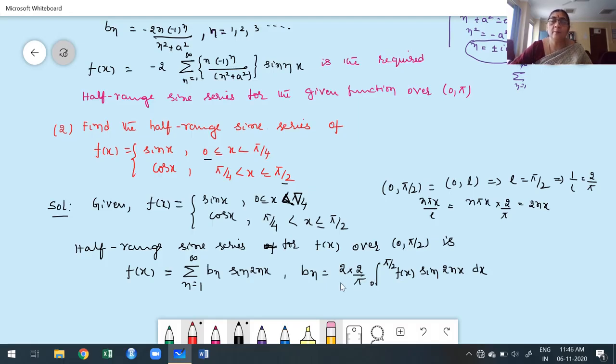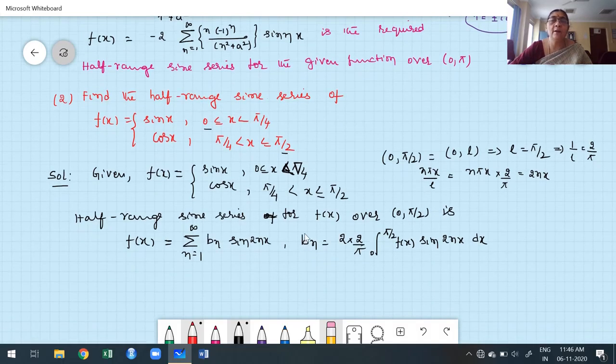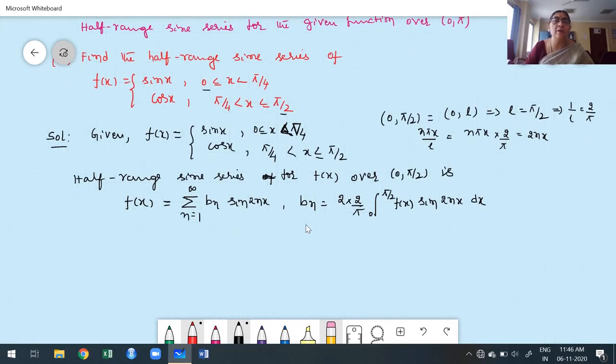In the next step, we can't evaluate directly for 0 to pi by 2 because the given function is a splitting function. Therefore, 4 by pi of 0 to pi by 4, what's the function? Now we are going to split the integral 0 to pi by 2 at which point? Pi by 4, because they have a break at pi by 4.